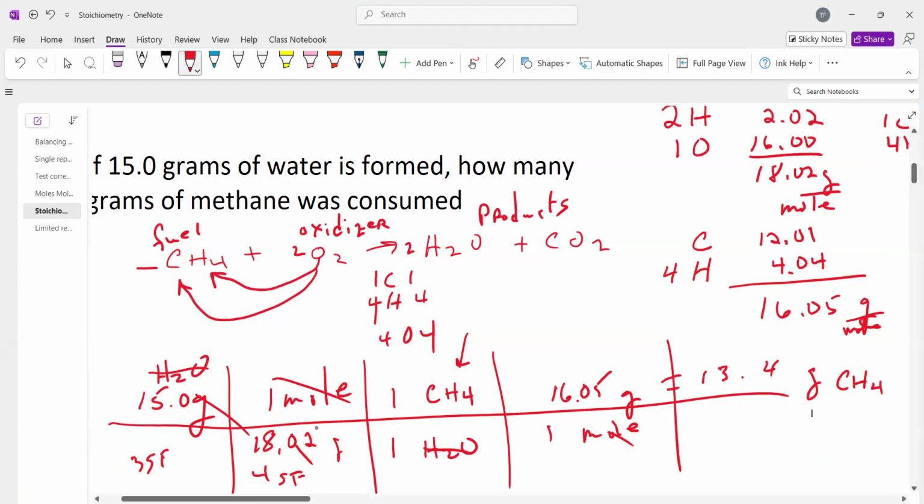So if you don't know how to do this one, then you're going to have a cascading effect of not being able to get the right answer. And we call that limiting reactants. You can have 2, 3, or 4 givens. Doesn't matter how many.